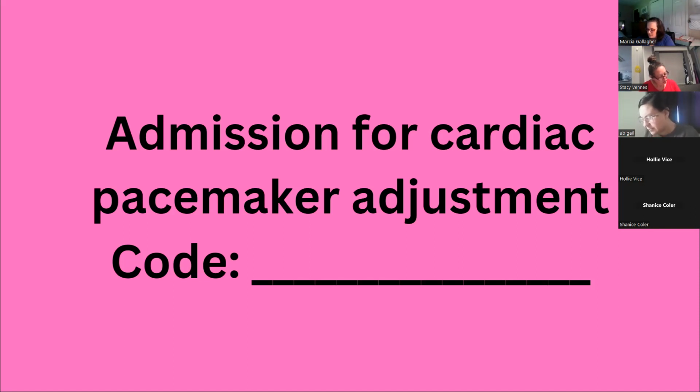Z45.02, encounter for adjustment and management of automatic implantable cardiac defibrillator. I think it's Z45.02.